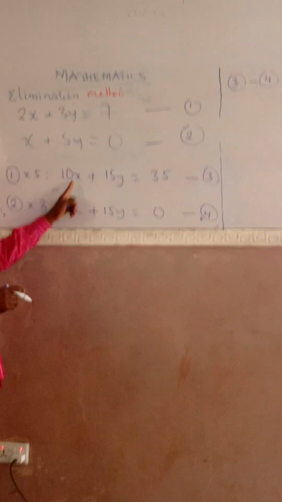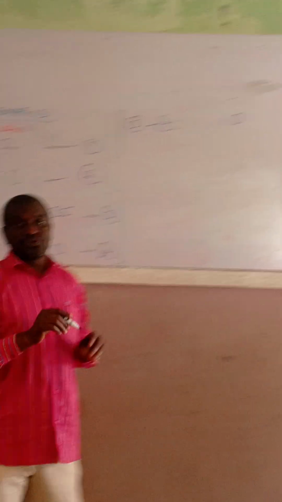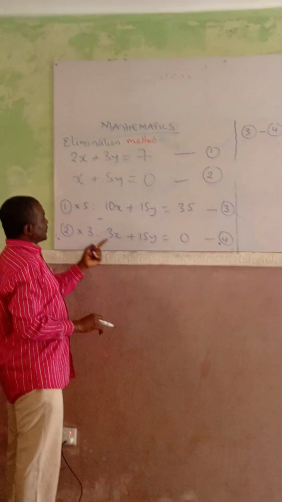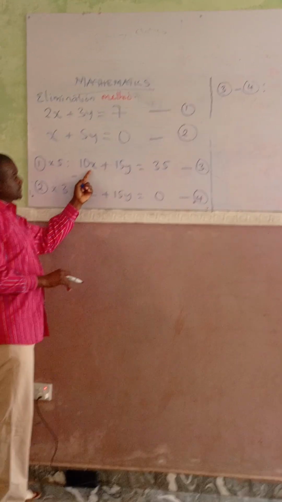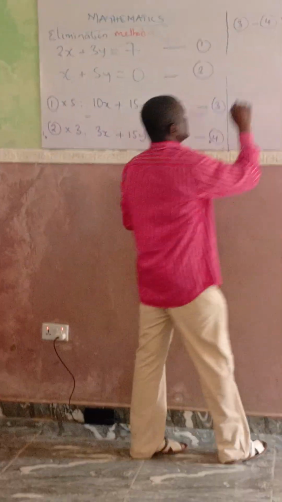This minus this, this minus this, this minus this. For this place here, we already have 0, because this 0 signifies we have eliminated y. So 10x minus 3x, the answer is 7x.